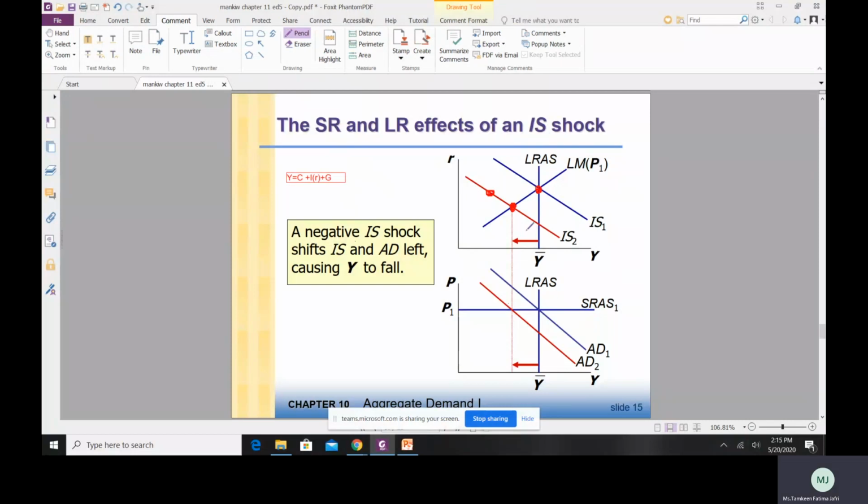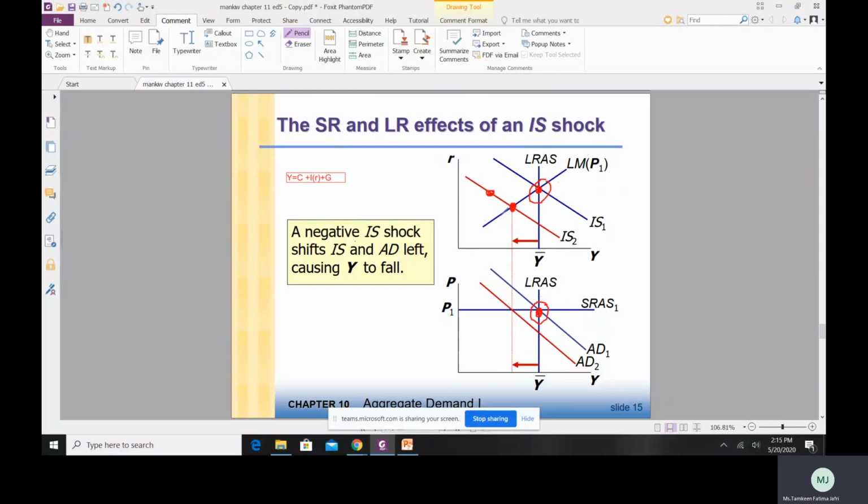So what you can see over here is that देखिए IS curve अंदर को shift हो रहा है. This is going to result in an inward shift in the aggregate demand curve as well, because यहाँ हो क्या रहा है, at the initial price level of P1, my initial output was Y bar, so it's this point, ठीक है? So ये वाला जो point है on the top panel, it corresponds to this point on the bottom panel.